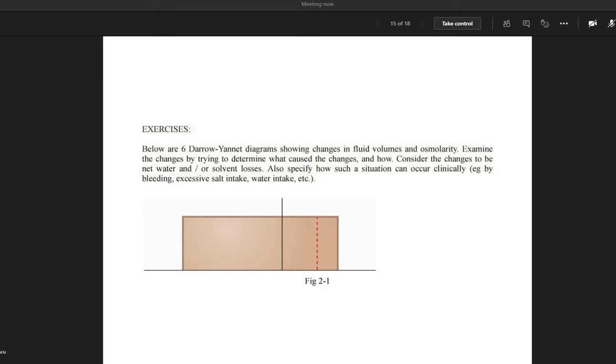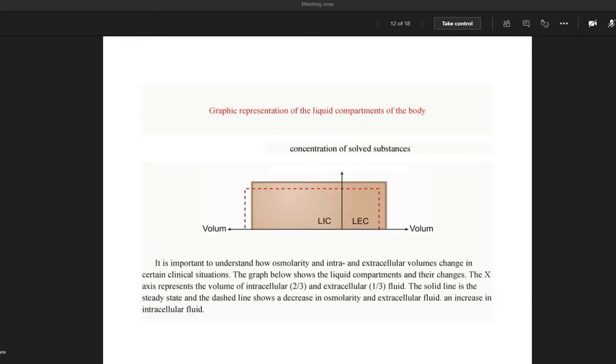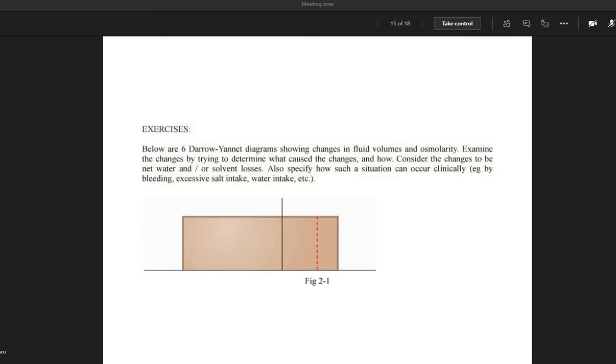And here we have the same things as before: volume and osmolarity, intracellular volume, extracellular volume. And we also have 2 situations, from the start, and then with the red dotted line, the second situation.